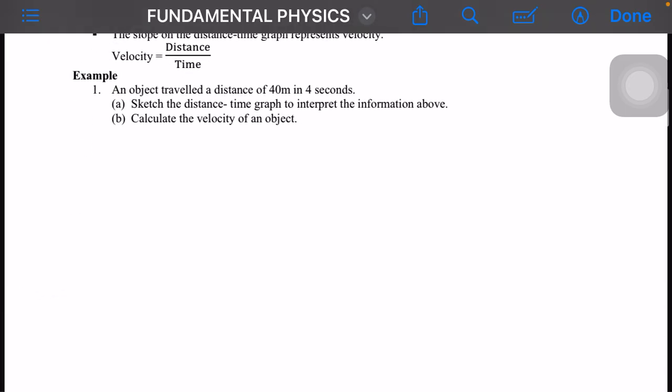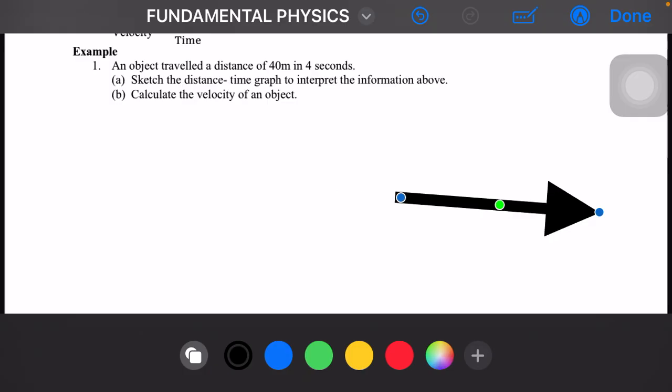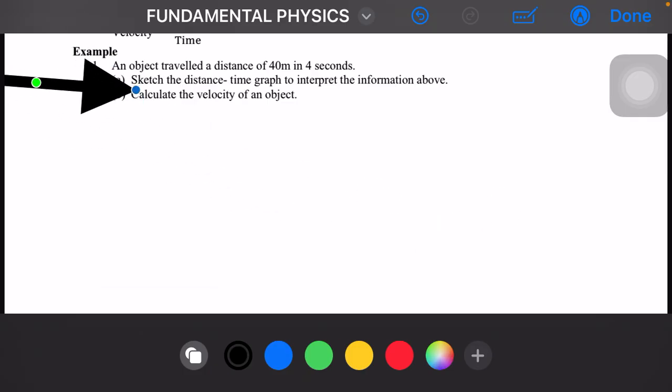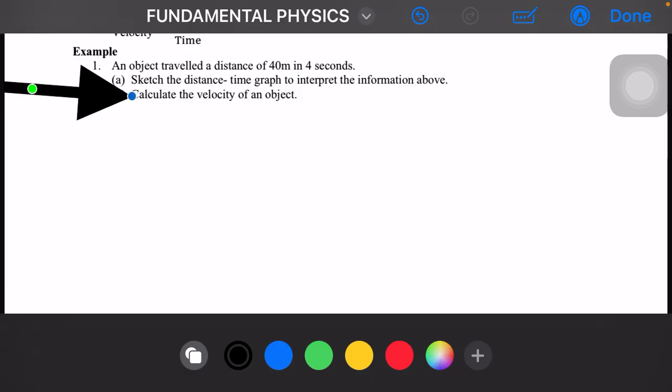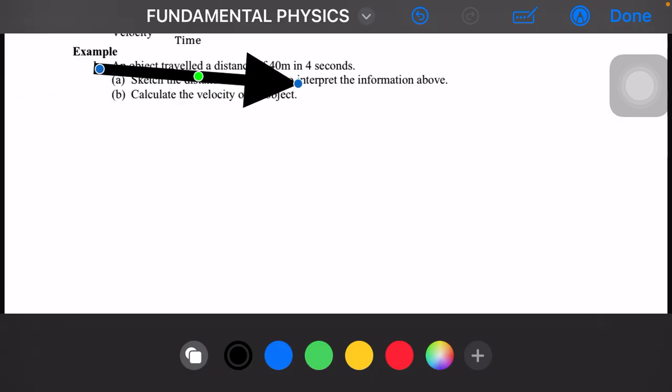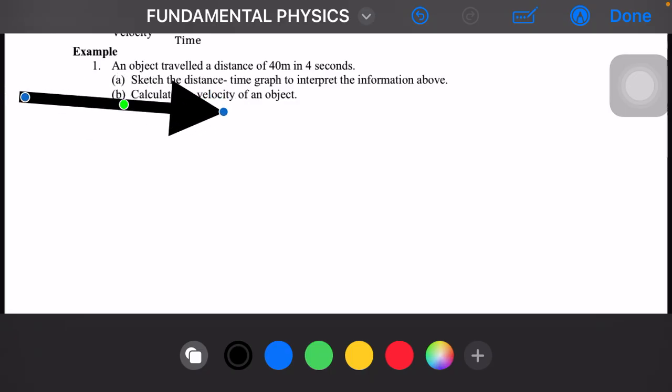Okay, let's look at some examples here. Example number 1 states: an object travels a distance of 40 meters in 4 seconds. Number 1a, sketch a distance time graph to interpret the information above. Calculate the velocity of the object.